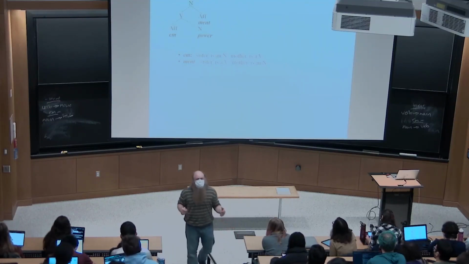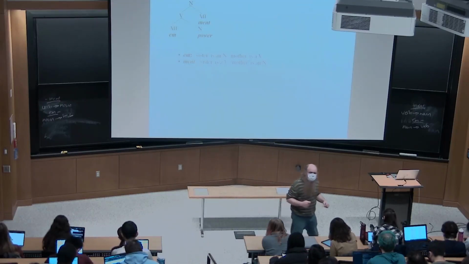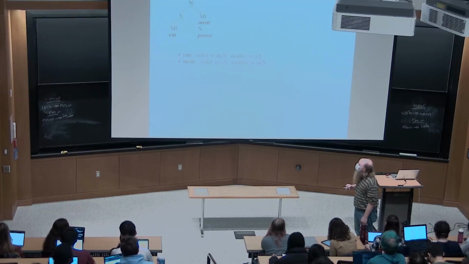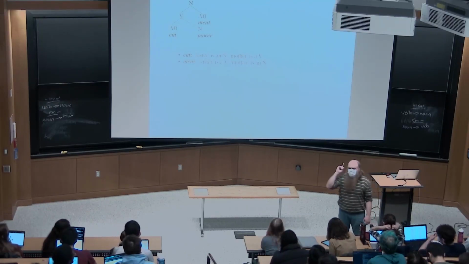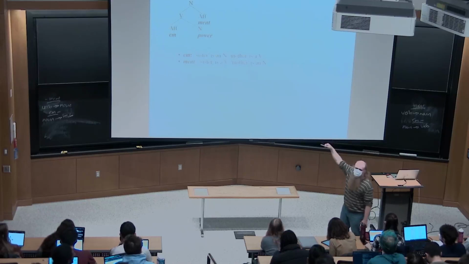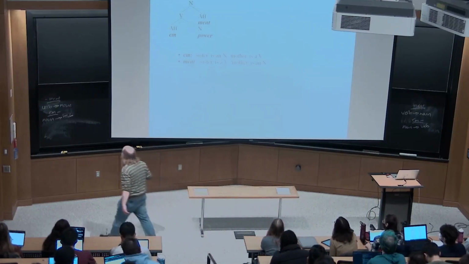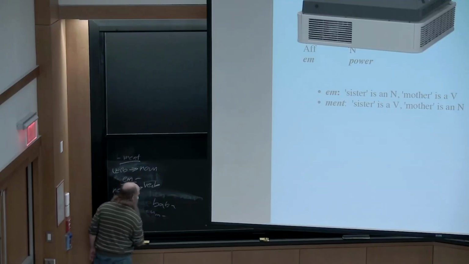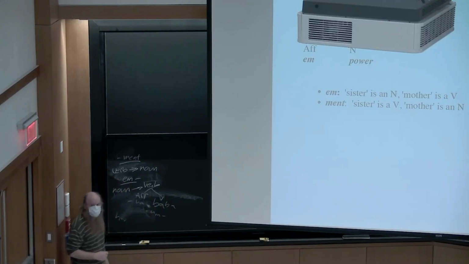Yes? I'm curious what we do with infixes. Well, infixes would be where I would fail at what I'm trying to do. This was your point from just now. I'm trying to represent whether things are prefixes or suffixes by using the tree. If we were doing Tagalog, and I wanted to do the past tense of the verb baba, which involves an infix, I'd probably put together the affix and the verb as a single thing.